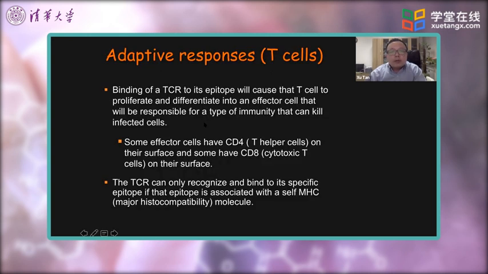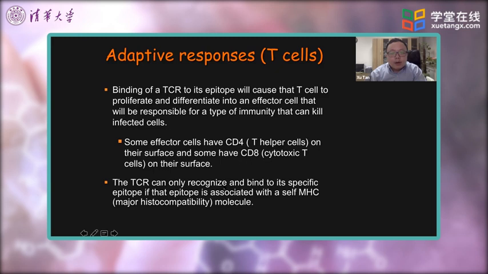To summarize the last slide, the binding of a T cell receptor to its epitope will cause the T cell to proliferate and differentiate into an effector cell that will be responsible for a type of immunity that can kill infected cells. Some T cells have the CD4 molecule on the surface, and some have the CD8 molecule on the surface.